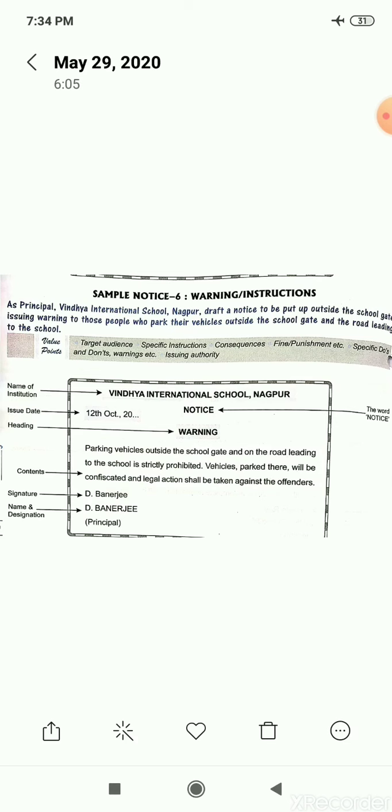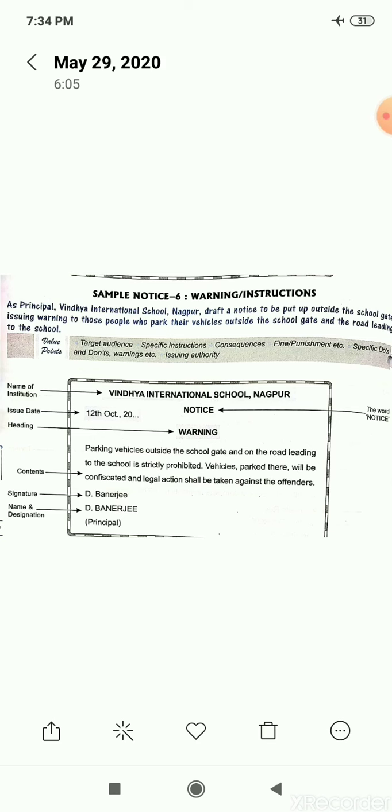Vehicles parked there will be confiscated and legal action shall be taken against the offenders. Very simple, just in 2 lines. The second line means that if vehicles are parked there after this warning, those vehicles would be taken into the control of the school authorities, and legal action will be taken against those defaulters, right?